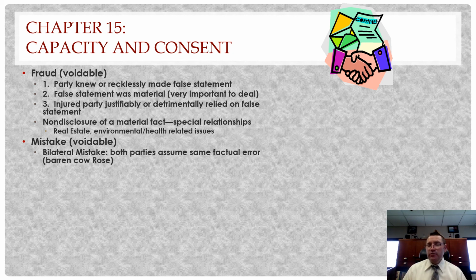You can have situations where it's a unilateral mistake. We'll talk about those in a second, right? That's a bilateral mistake because both of us were wrong. A unilateral mistake means one party assumes some factual error. An example might be, I've got a collection of different posters in an area in which they're all autographed by the original artist or athlete, whatever it may be.